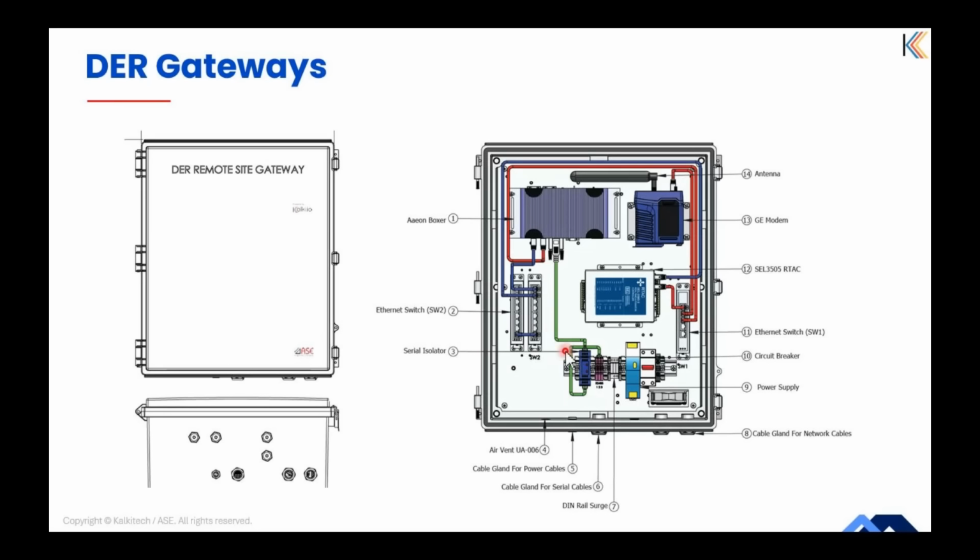The diagram on the right gives you a look inside, showcasing the integrated components that make it function. You will notice key communications elements such as the cellular modem, antenna, and Ethernet ports through a switch. There is also a processing core which interprets the commands sent from the utility and manages local logic.